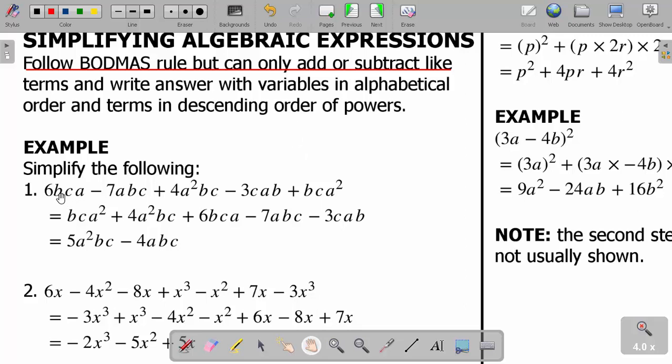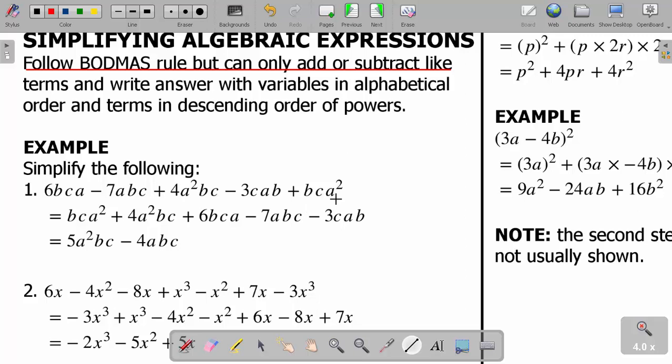Now check here. We say simplify the following. This is 6bca minus 7abc plus 4a squared bc minus 3cab plus bca squared. I repeat, I have 6bca minus 7abc plus 4a squared bc minus 3cab plus bca squared.